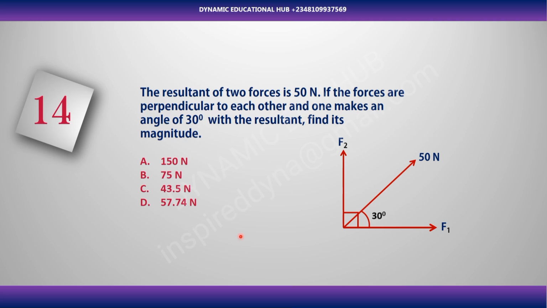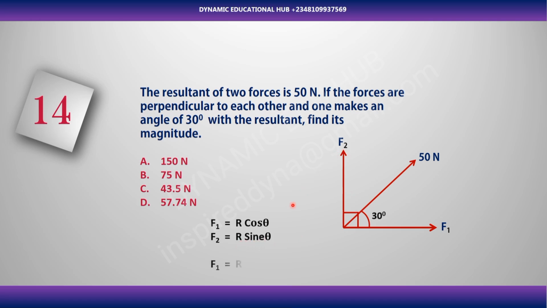F2 will be R sin theta. You resolve F2 into the vertical component. F1 is R cos theta because F1 is along the horizontal. F2 is R sin theta along the vertical component.